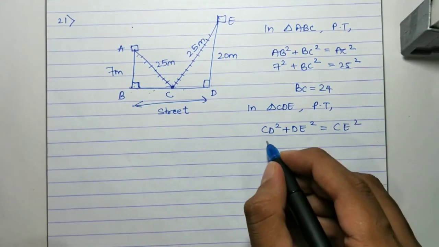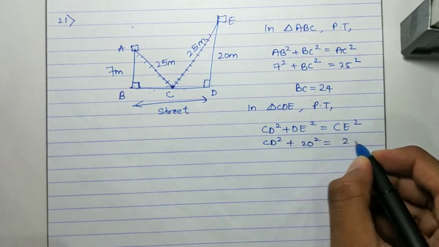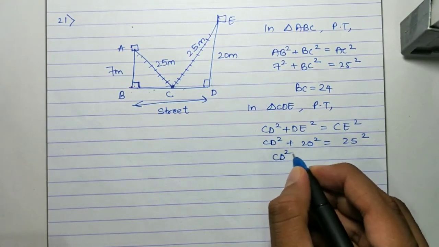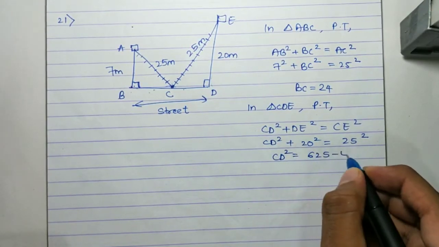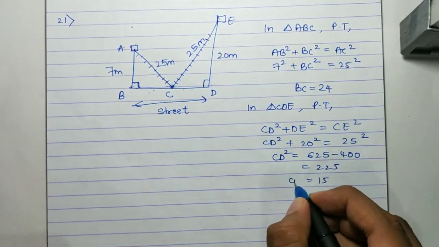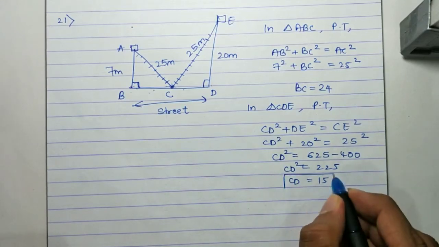So CD value is not known, DE is 20 square and CE is 25 square. You can solve this: 625 minus 400, you will get 225, that is 15. So you will get CD as 15.